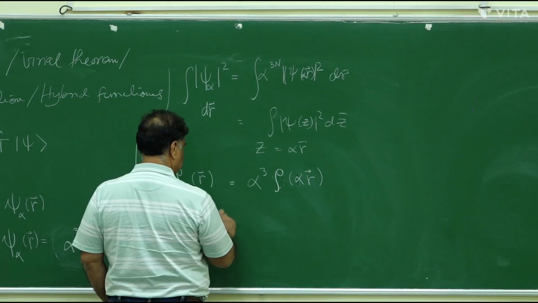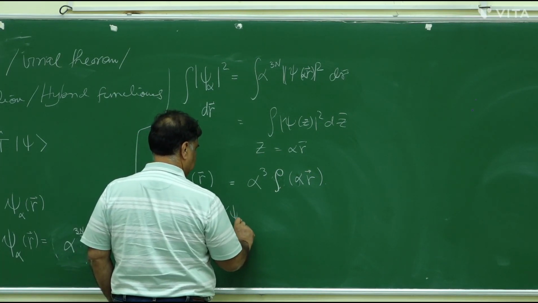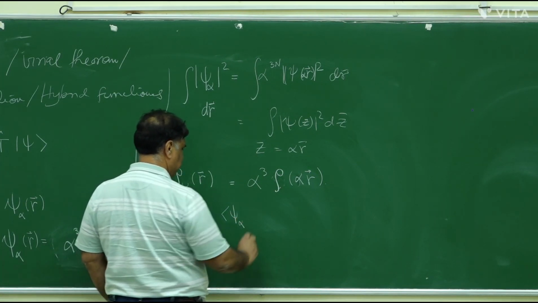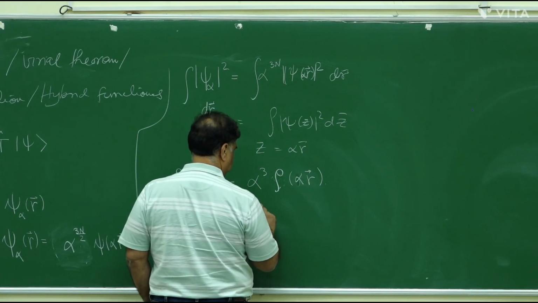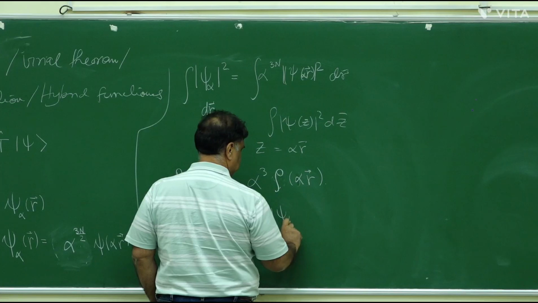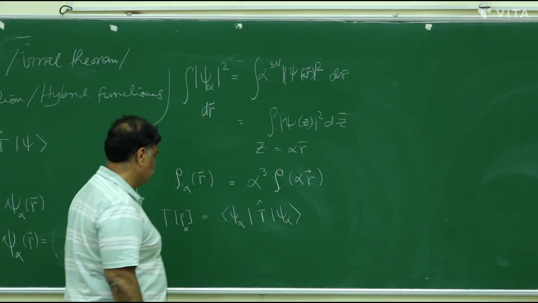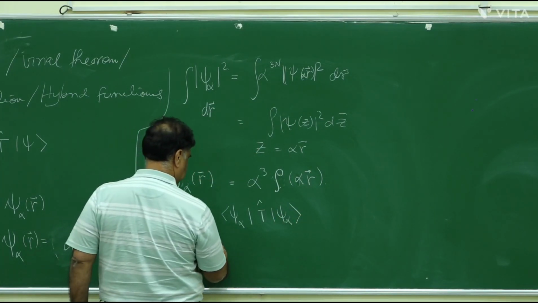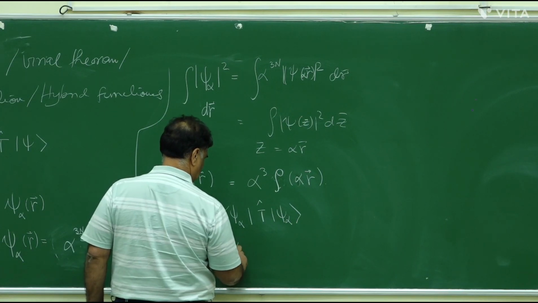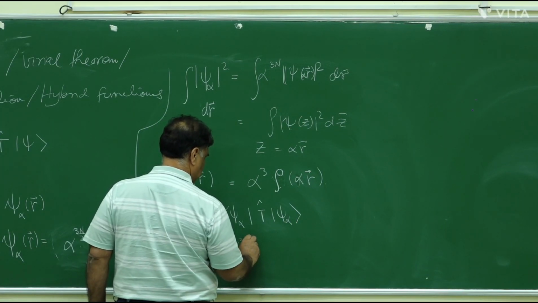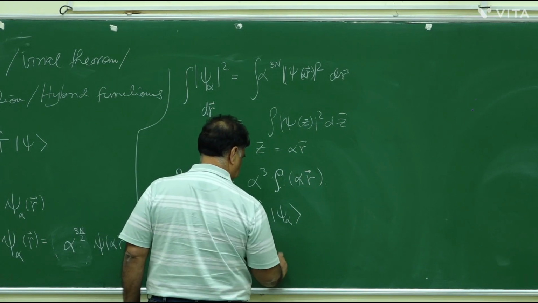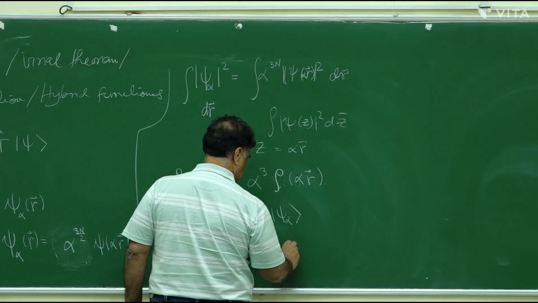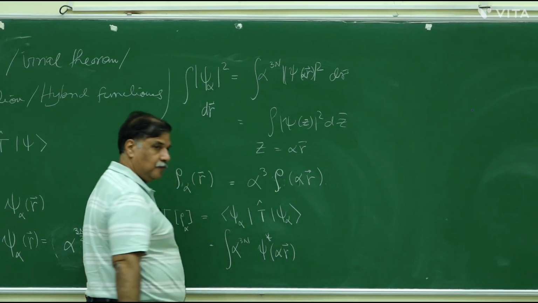This will be equal to psi alpha T operator psi alpha, which is nothing but alpha raised to 3n integration psi alpha r star.